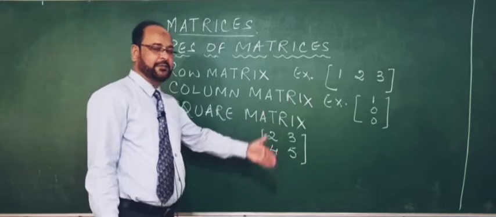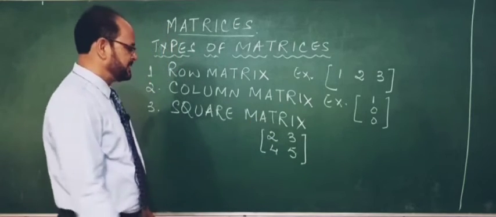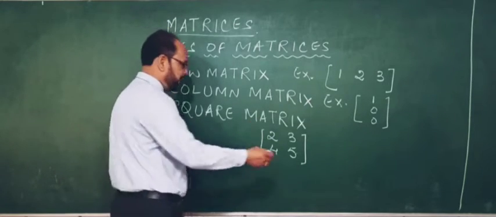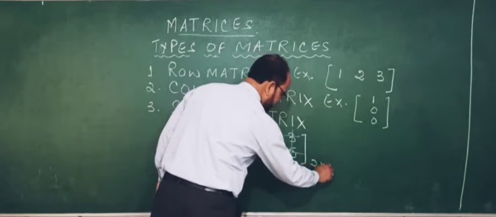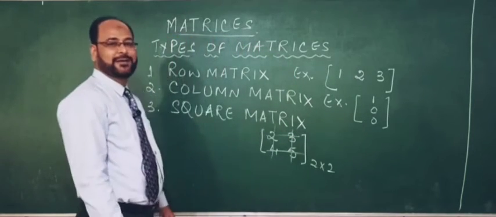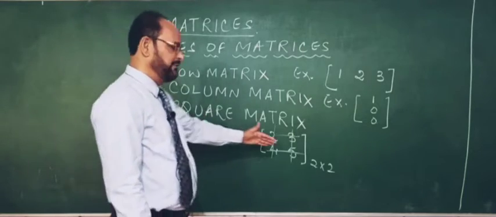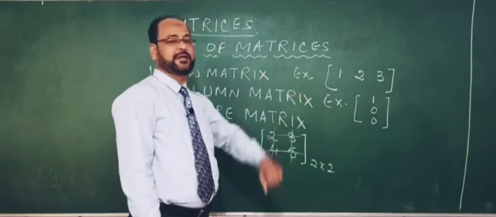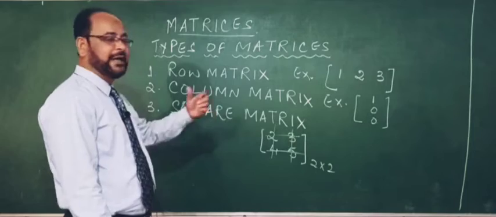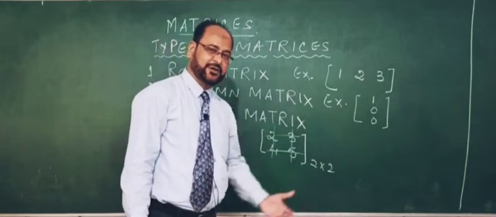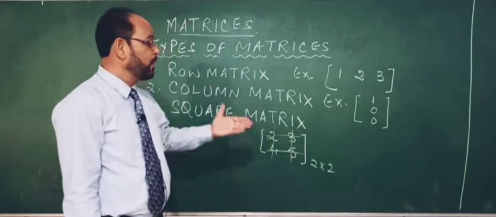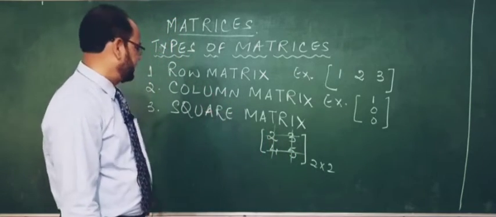This is a perfect example of the square matrix. Let's see how many rows and columns are there. So there are 2 rows and there are 2 columns. So it is a square matrix. You can give many other examples also, like 3 by 3, 4 by 4, 5 by 5. All will be your square matrix.